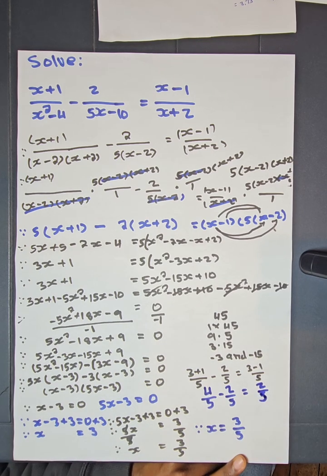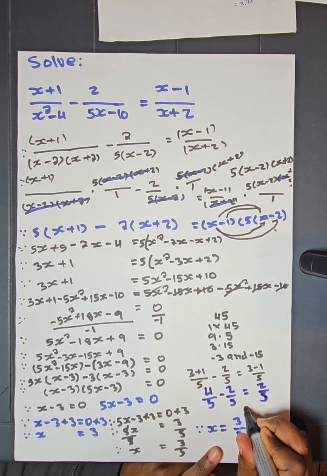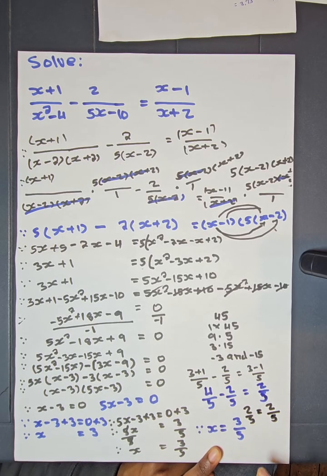Well, now this simplifies to 4 minus 2, which is 2 over 5, equal to 2 over 5. Therefore, our solution x equals 3 is 100% correct.